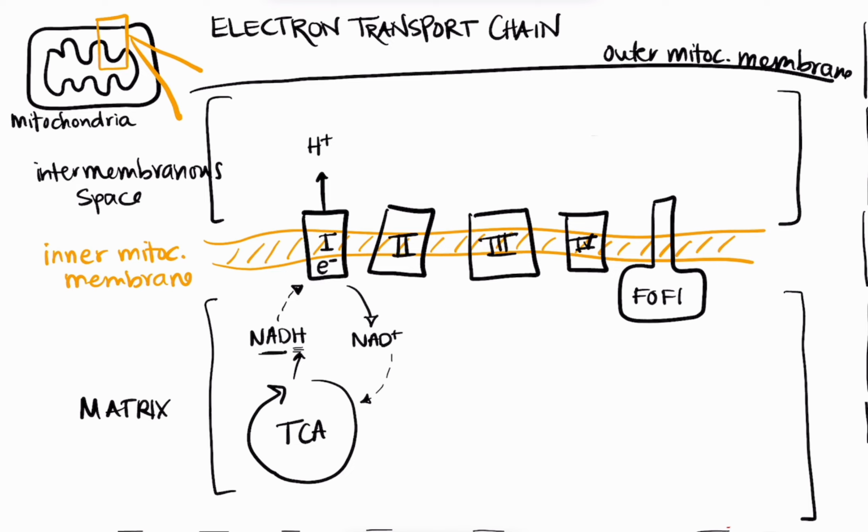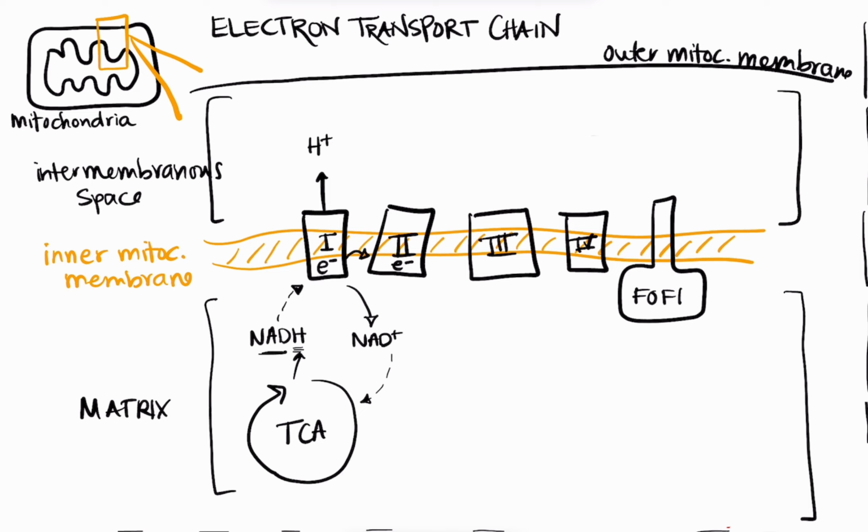And at this point in complex 1, we're actually able to strip or rip the proton and the electron apart from one another, trap the electron in complex 1, and spit the proton into the intermembranous space. The electron is then passed along the protein complexes. The electron that was dropped off in complex 1 gets transferred over to complex 2.